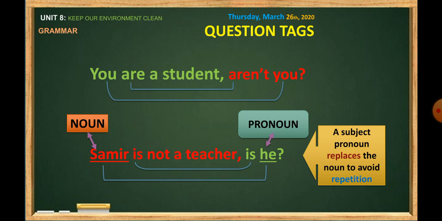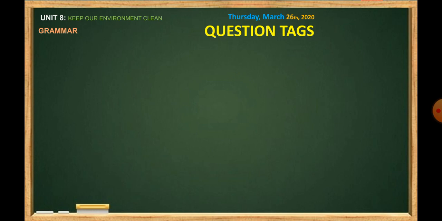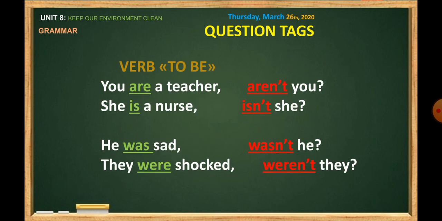This is rule number 2. Good. Let's proceed. Now let's see how we form question tags. How do we form question tags? We form question tags using verb to be.